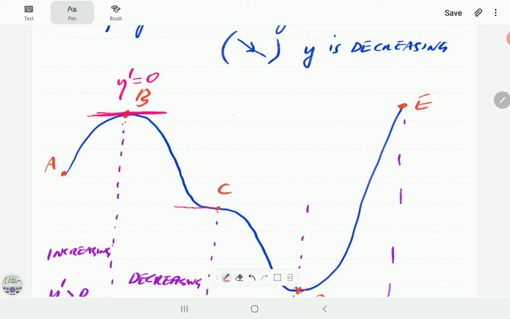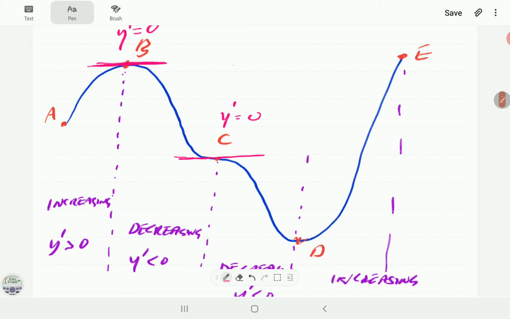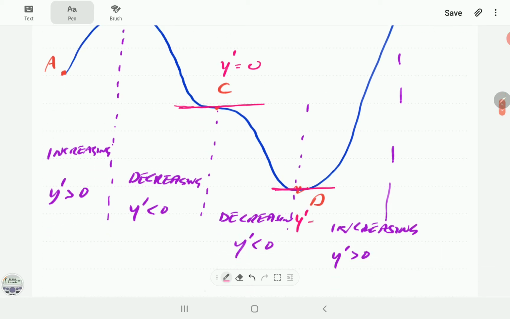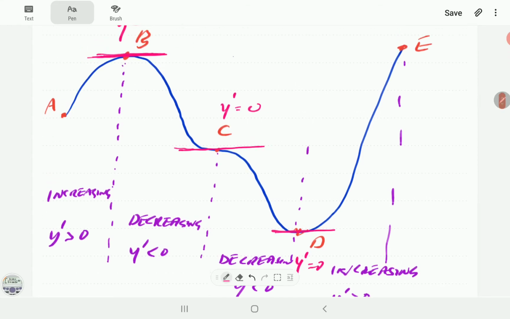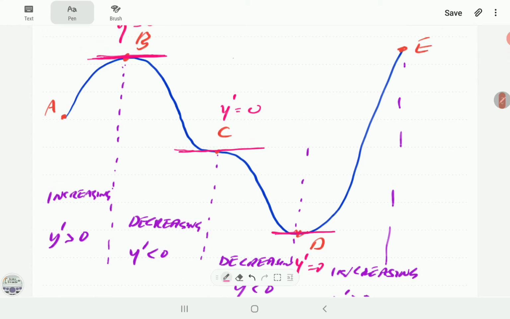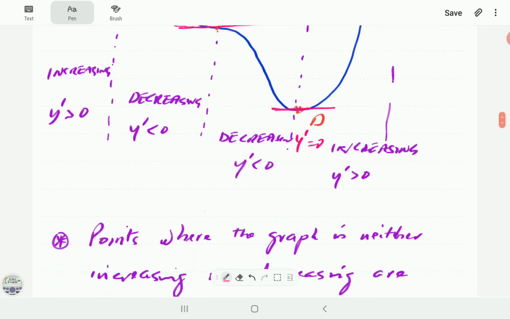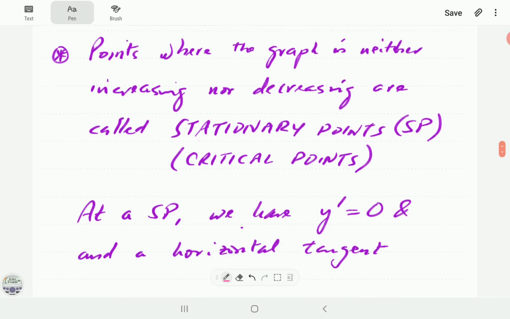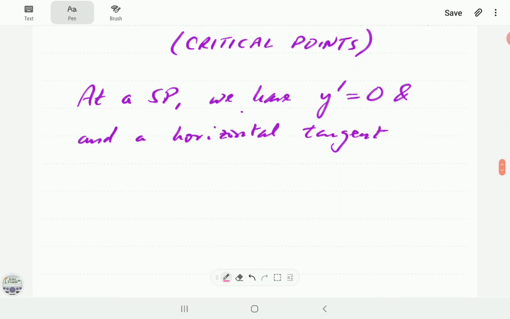Same thing with C. Tangent at C is going to be horizontal. Y prime is 0. D is the last one. Y prime is 0. So B, C, and D are stationary points because the gradient is horizontal, and so the first derivative is 0.